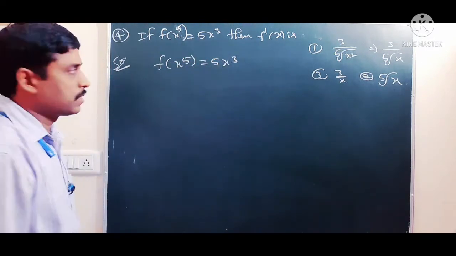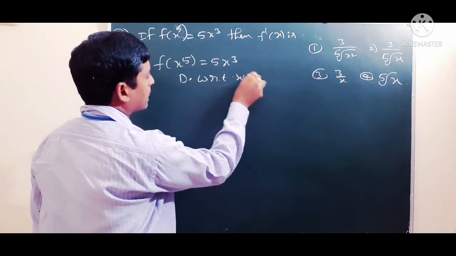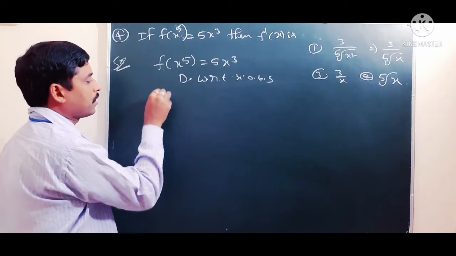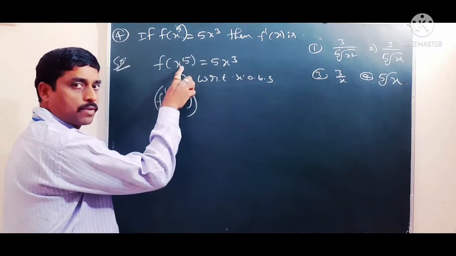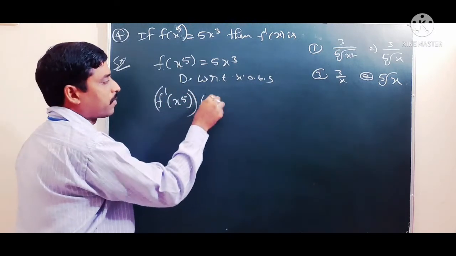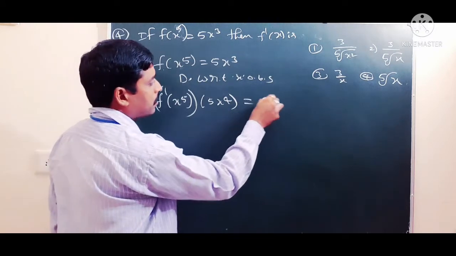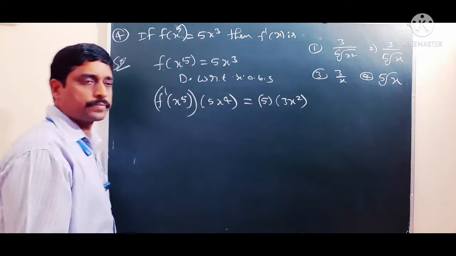So now differentiate on both sides with respect to x. The differentiation gives f dash x to the power 5 into the differentiation of x to the power 5, which is 5x to the power 4, by using the chain rule. Five is a constant, and the differentiation of x cube will be 3x square.